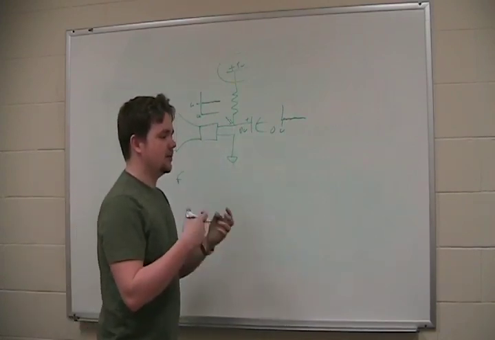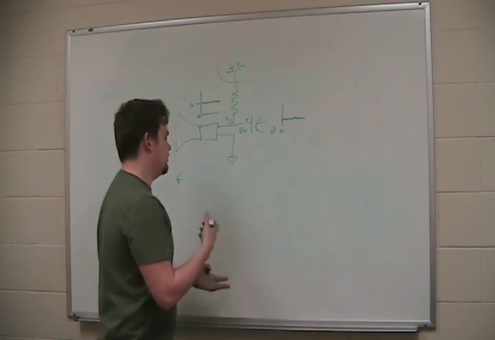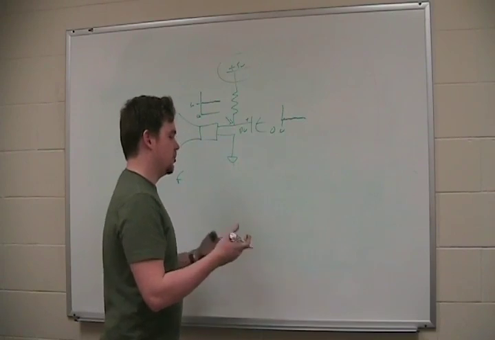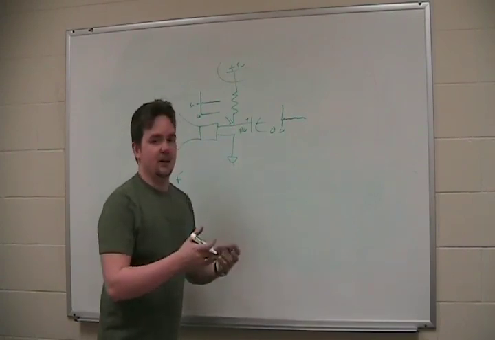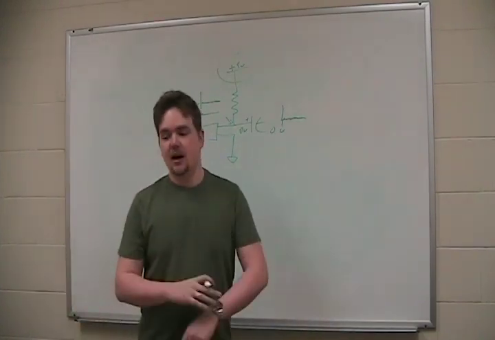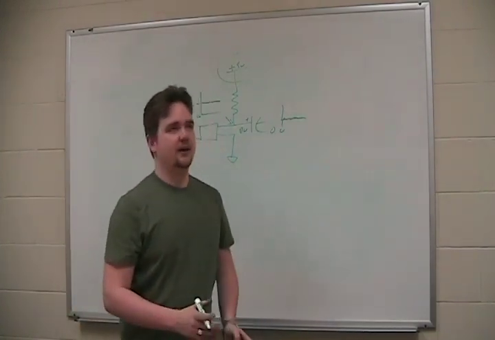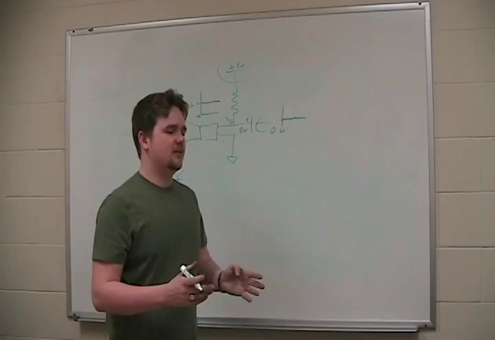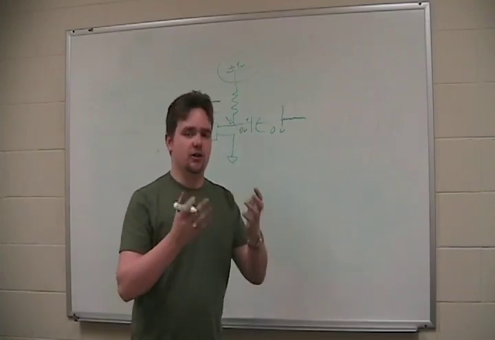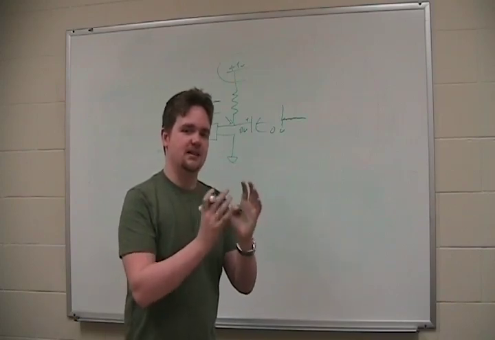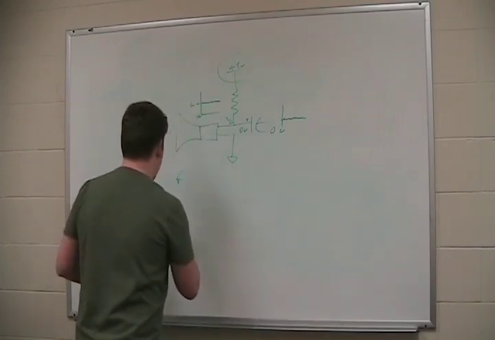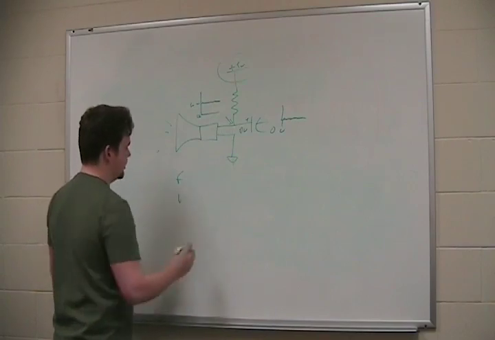The higher the value in microfarads or millifarads, that's very high. You'll never see a 1 farad capacitor. That's huge. But the higher the value, the better the capacitor's ability to hold and maintain current. But it's also given a voltage level.